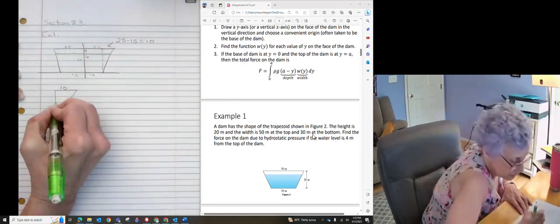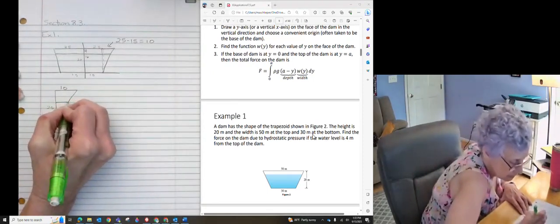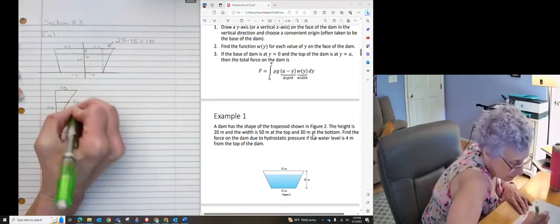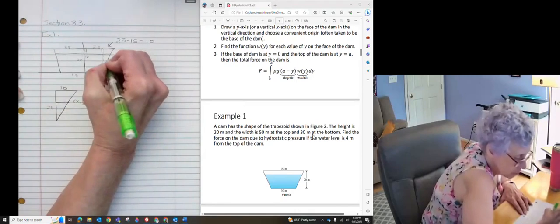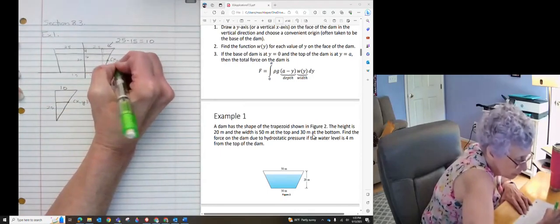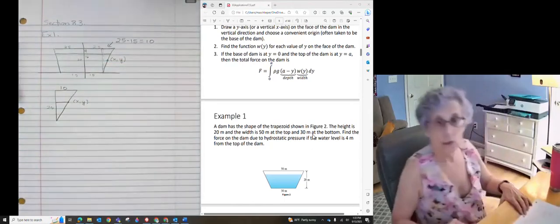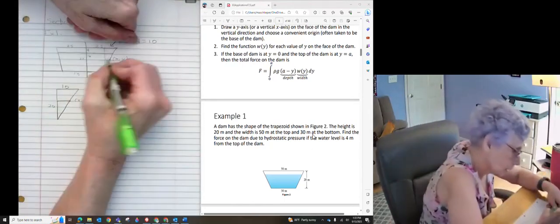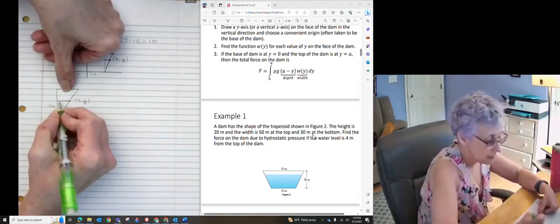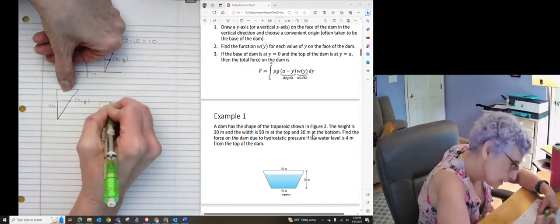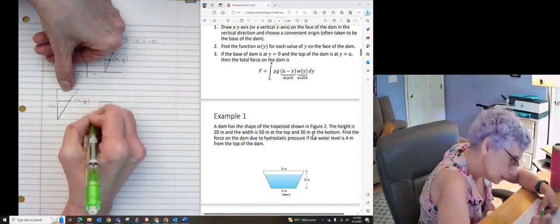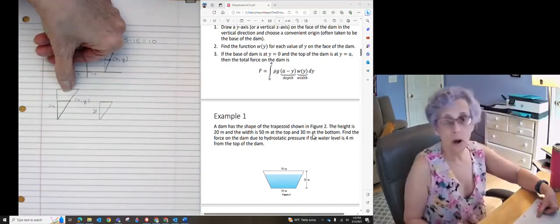Now, for every point, let's put x, y up here. We have a triangle. The height of the triangle, and I'll copy it over here, is y.